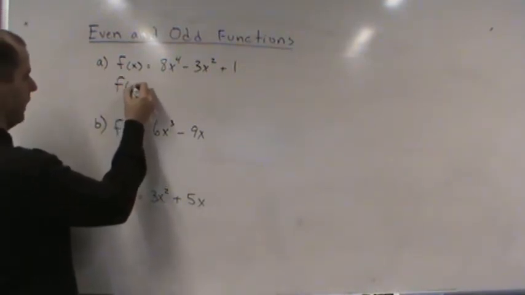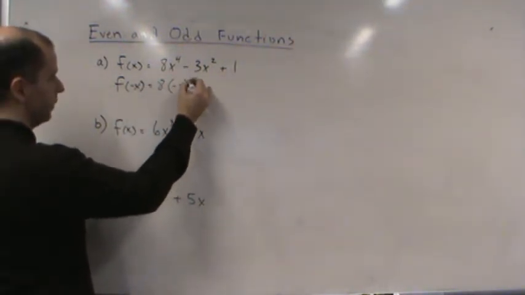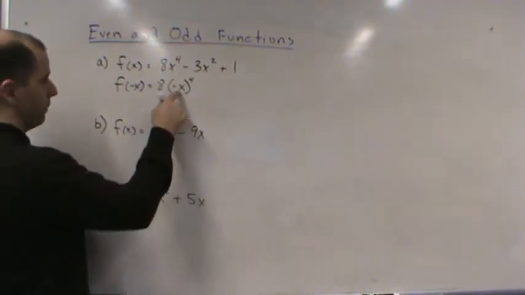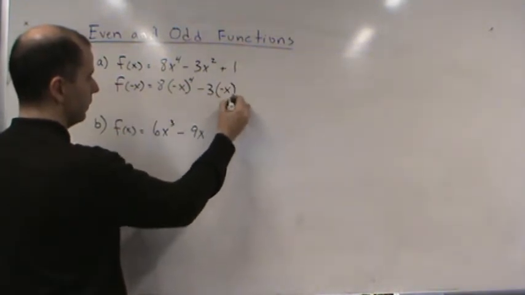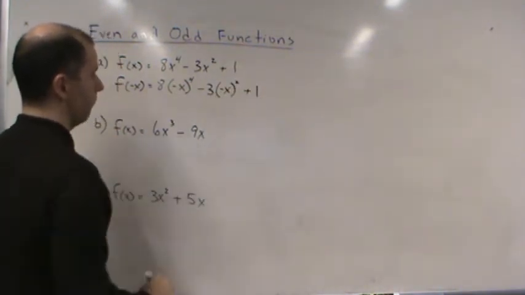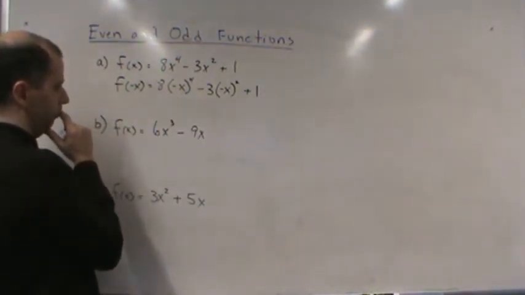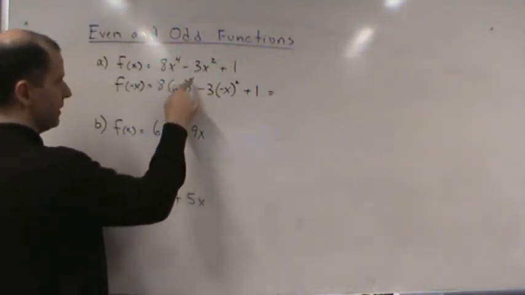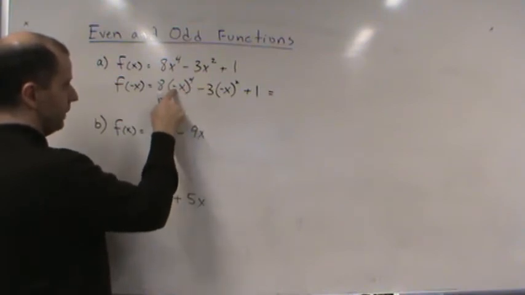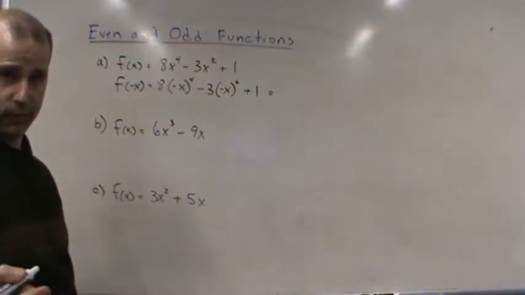So f of negative x equals 8 times negative x to the fourth power. Again, be careful of the signs. Minus 3 times negative x quantity squared plus 1. Now I'm going to simplify the inside here. Negative x to the fourth is an even power, so I'm going to get a positive value, because a negative times a negative times a negative times a negative is positive.